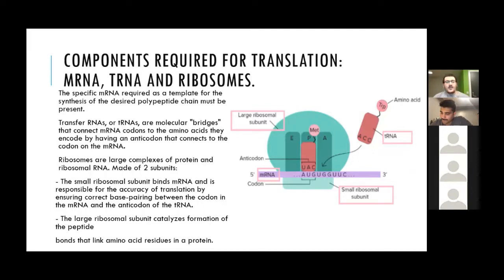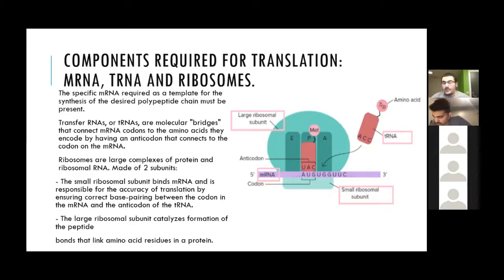We talked about tRNA being molecular bridges between the amino acid and the codon that codes for this amino acid. The connection happens because the tRNA has the anticodon of this codon, and they just click together.